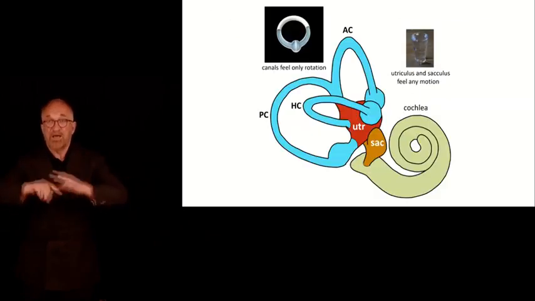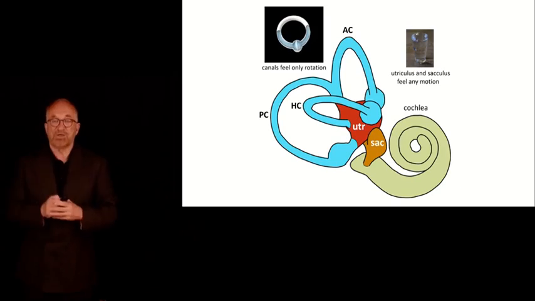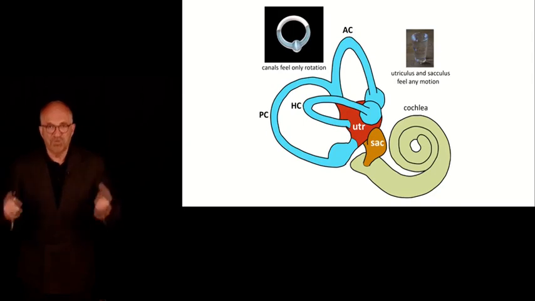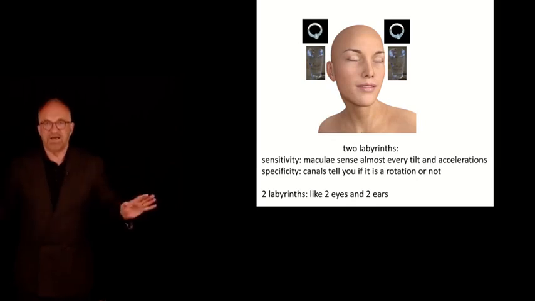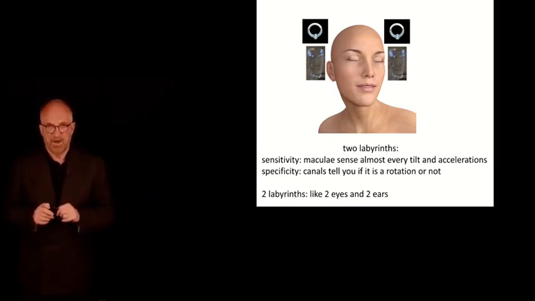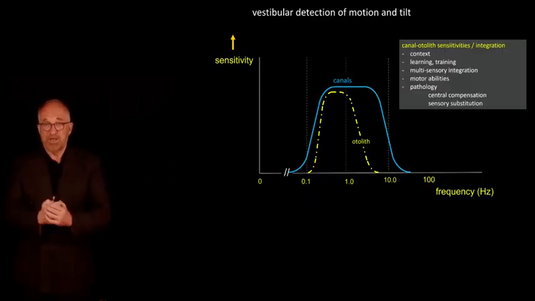Now, this information from canals and the utriculus and saccules provide you with a sensor that is very fast and can detect any motion. And you have it on both sides. And thanks to the fact that you have 2 labyrinths, you have a wide range of sensitivities. Now, if you put those canals and otoliths together in terms of frequency dependence, this is more or less how it is.